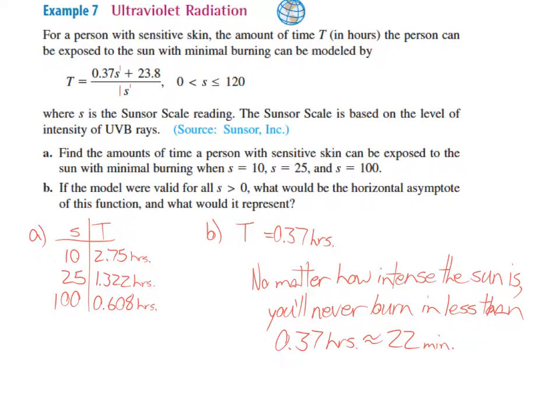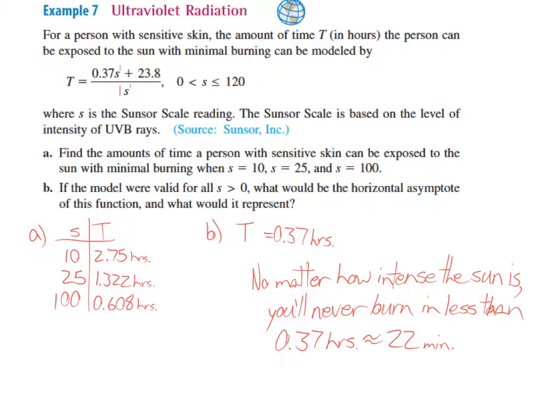Or in other words, it's the maximum amount of time that you could spend outside and guarantee that you'll never burn. So as soon as you're outside for 22.1 minutes, you'll start to burn, theoretically.